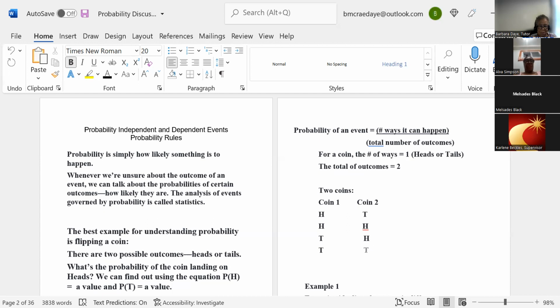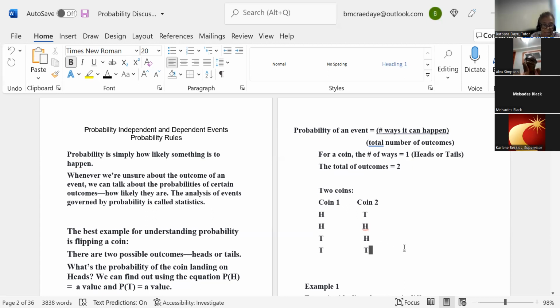Yes, you could get either head or tail. No, I have heads and tails. I have coin 1 a head, coin 2 a tail, coin 1 a head, coin 2 a head, coin 1 a tail, coin 2 a head, coin 1 a tail, coin 2 a tail.